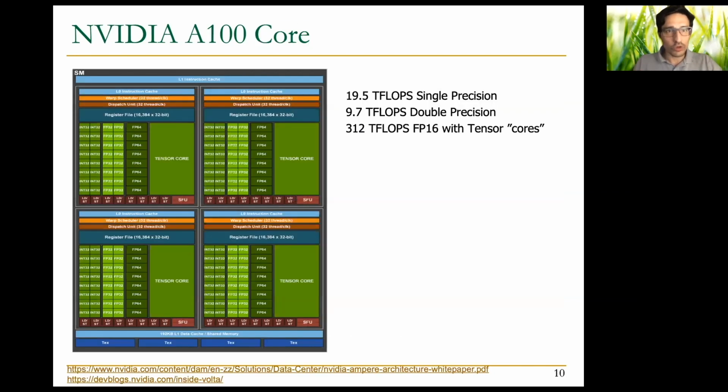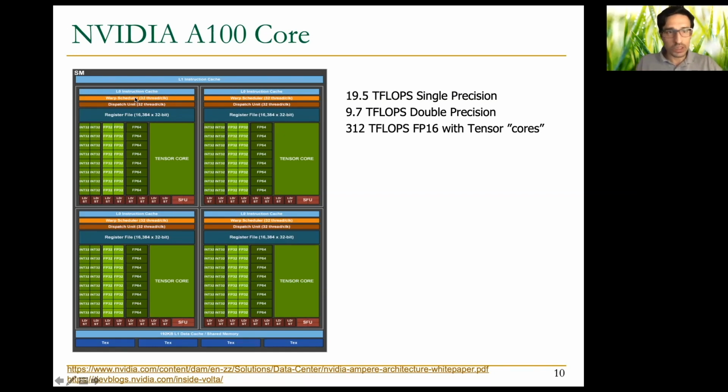We can take a closer look at each of these GPU cores, and this is one of them. You see, SM, streaming multiprocessor. As you can see, each of these streaming multiprocessors is divided into 4 parts, but in reality, these 4 parts are sharing the same L1 instruction cache, but they also have what they call an L0 instruction cache, where the instructions that are being used are cached.